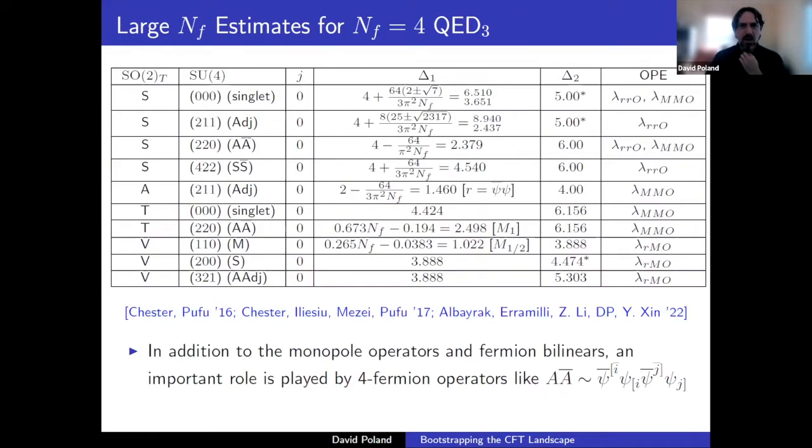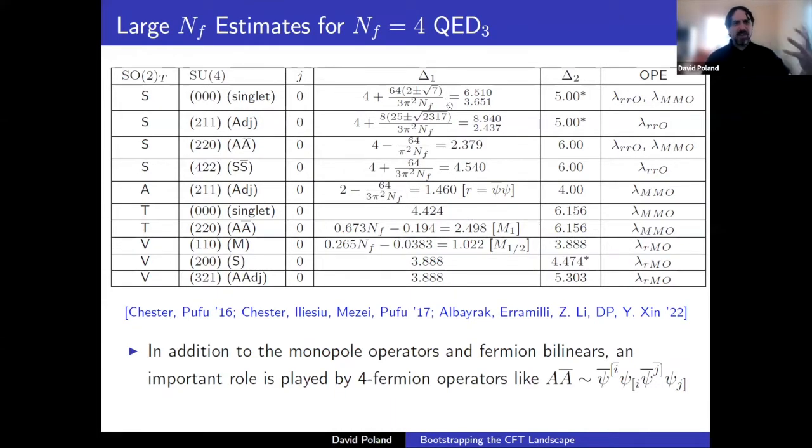So one thing we can do to get a handle on 4-flavor QED is look at all these large n calculations and plug in NF equals 4 and see what happens. This gives you a way to estimate the spectrum of the theory.